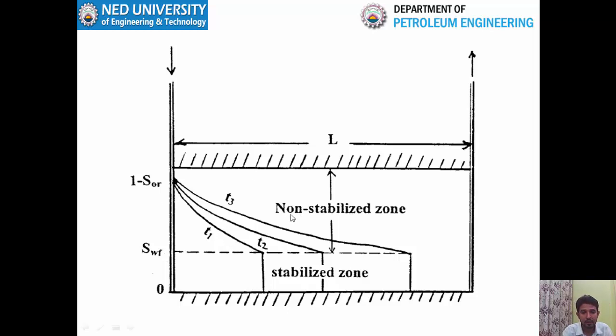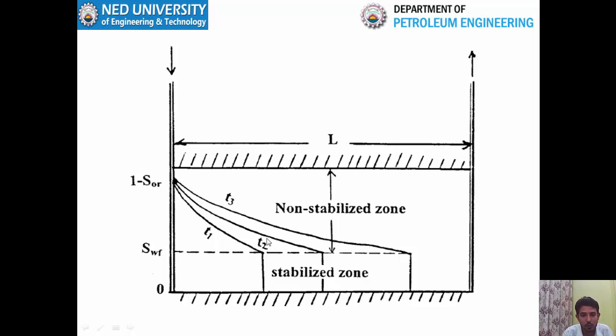So you can see at time t1, your front is at some distance from the injection well, and the front is moving with SWF. Ahead of the waterfront, you do not have water in the reservoir. The water is at around this distance, and the saturation of water at the front is SWF.